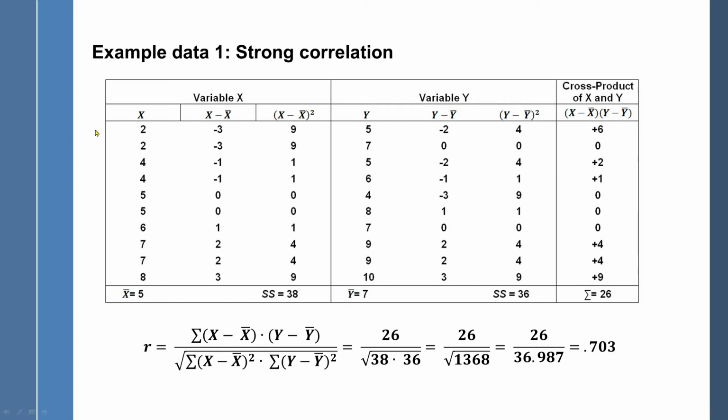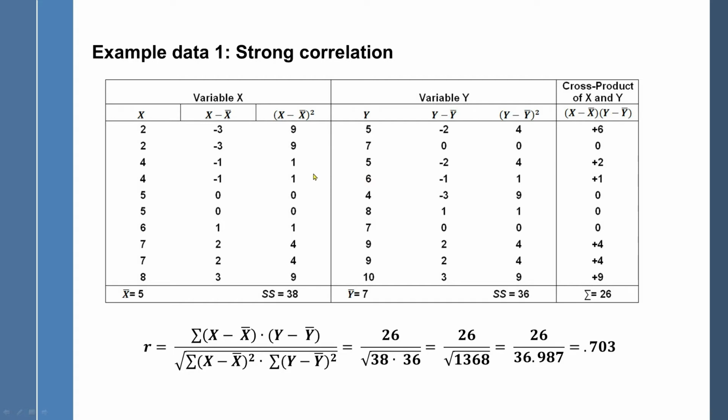So imagine, if you will, 10 participants in a study. Each participant is measured on both variable x and variable y, and so these numbers pair up. 2 and 7 are for the first individual, 2 and 7 is for the second individual, 4 and 5 for the third, and so on.